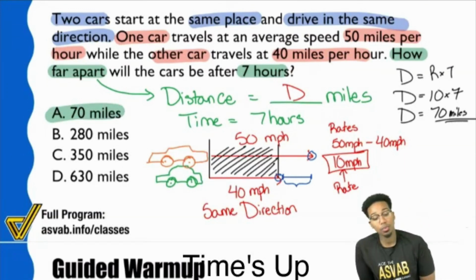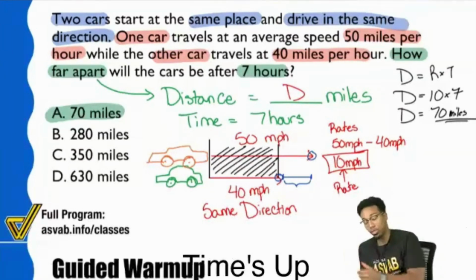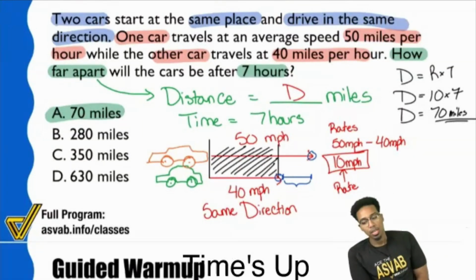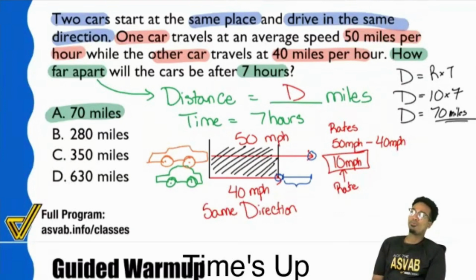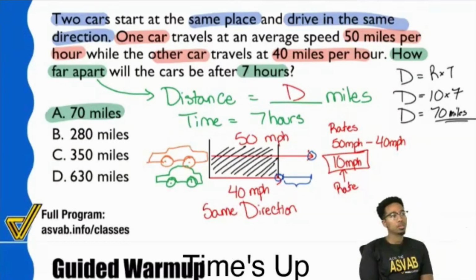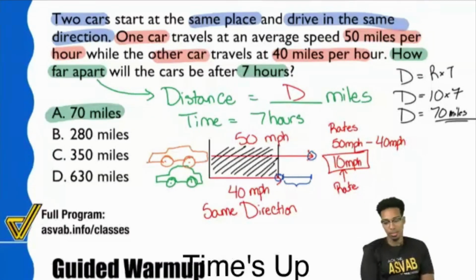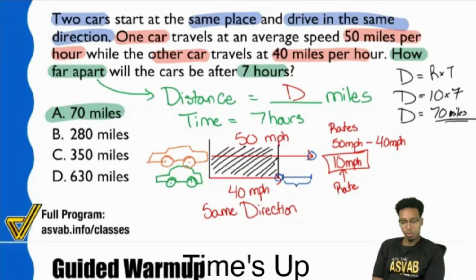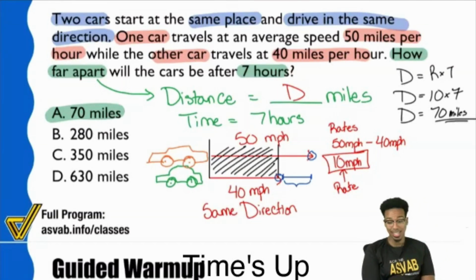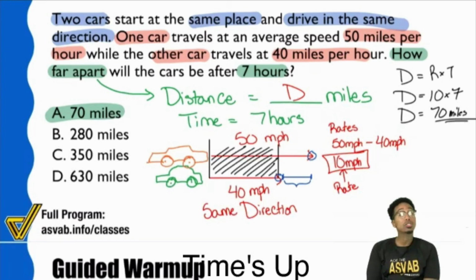Now that we've gone through an example of a same direction and an opposite direction problem, everybody, are you feeling better able to spot whether it's subtracting or adding rates? Cool. There are a lot more yeses than there were nos before, and I like that. Obviously, not everybody's there yet, and that's okay.